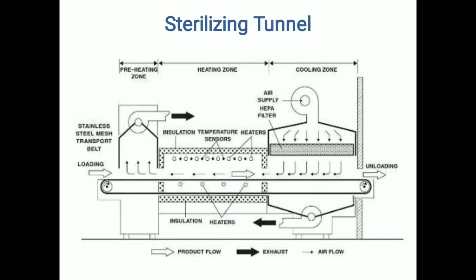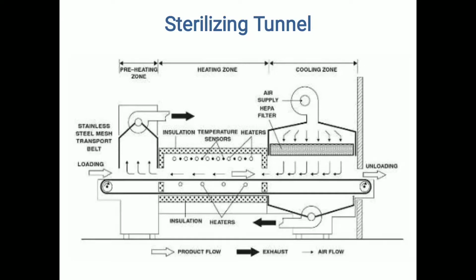This belt carries the materials from the preheating zone through the heating zone to the cooling zone. Inside the heating zone, there are temperature sensors as well as heaters, which are mainly responsible for dry heat sterilization. Then in the cooling zone, there is air supply with the help of a HEPA filter. All the air supply is mainly carried out with the help of laminar airflow. And finally, the materials which are sterilized are unloaded from the tunnel.